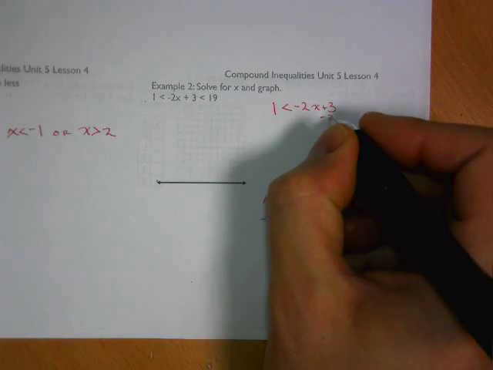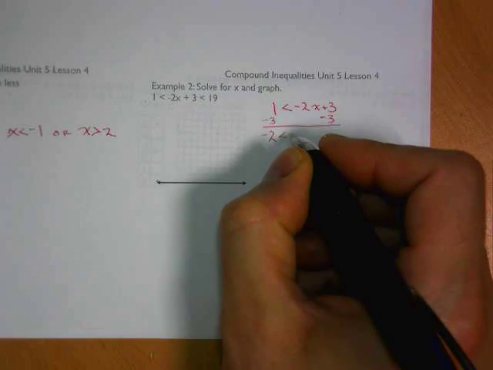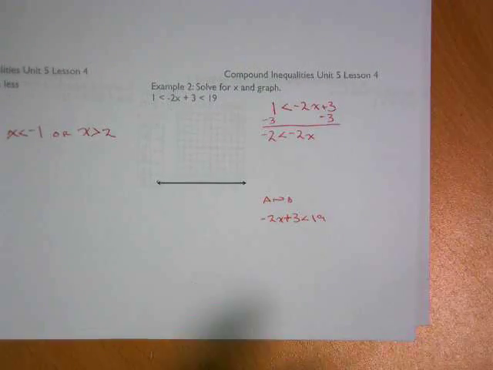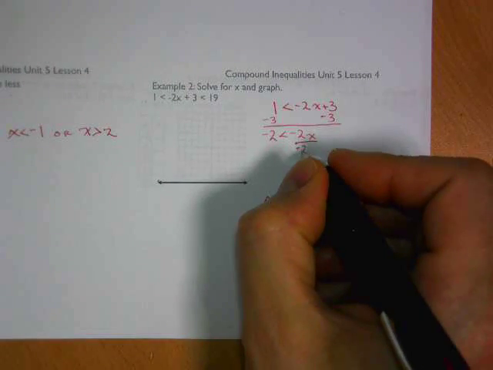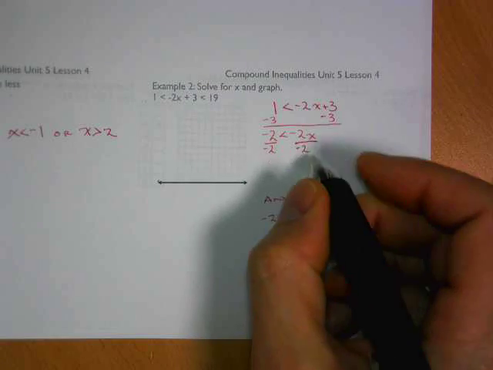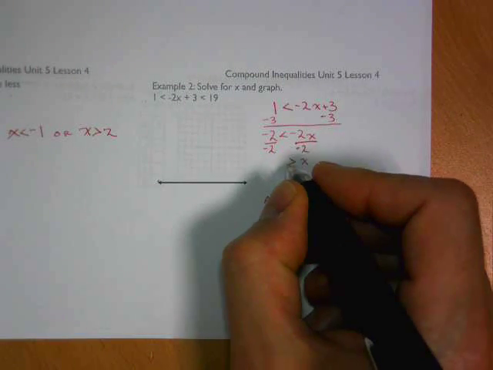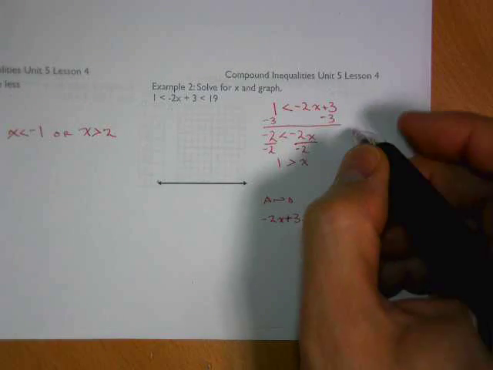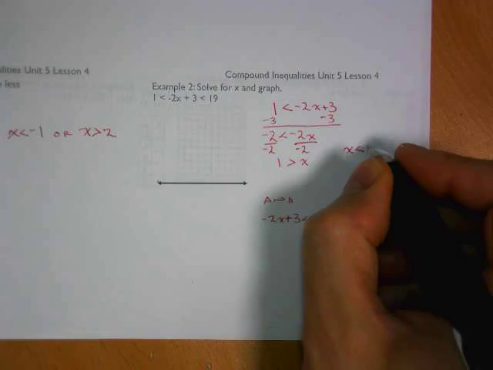I'm going to subtract 3 from both sides, and I've got -2 less than -2x. Again, with all the steps, sometimes students forget little things that they knew earlier, like if I divide both sides by a negative number, I have to switch the sign, and then also if I want the x on the left, I would have to switch the sign to go along with it.